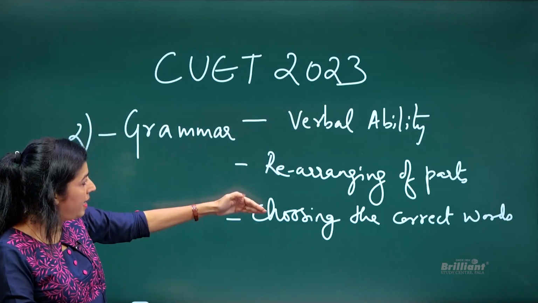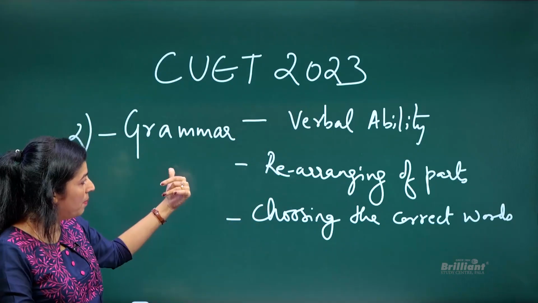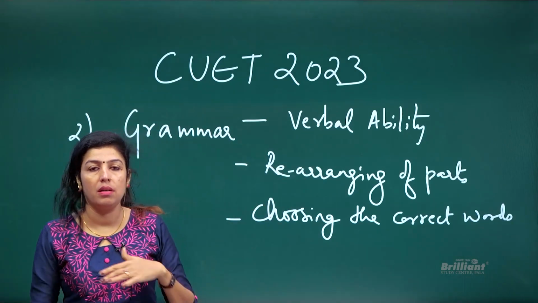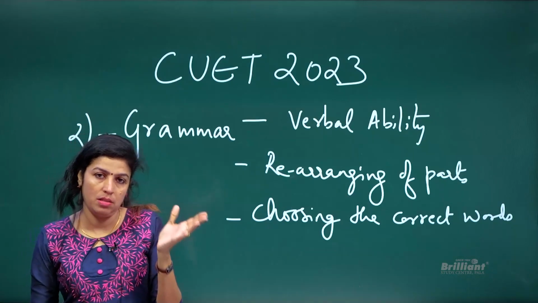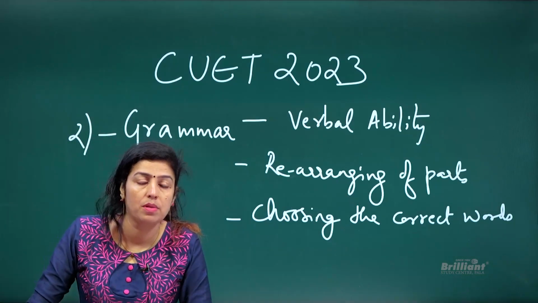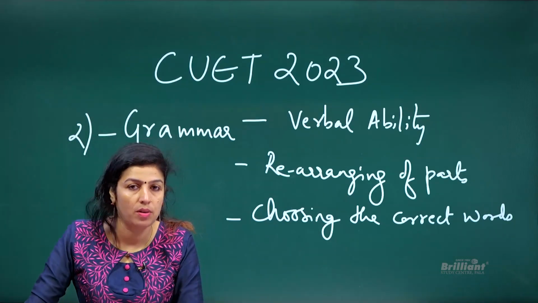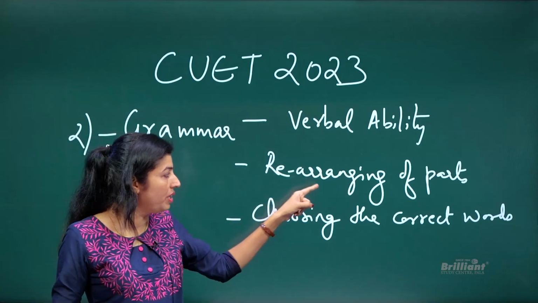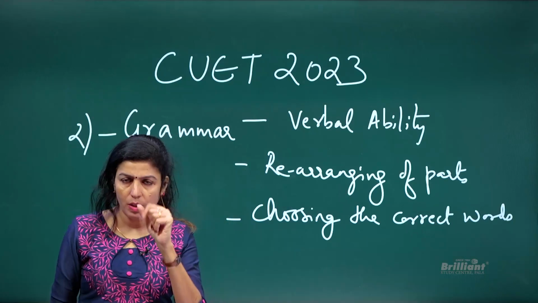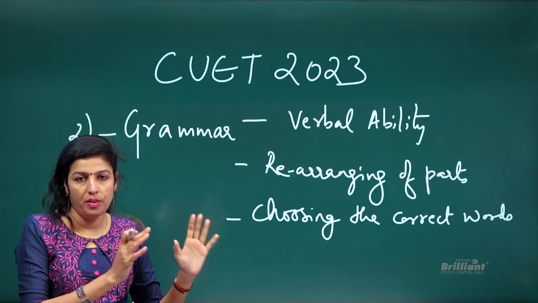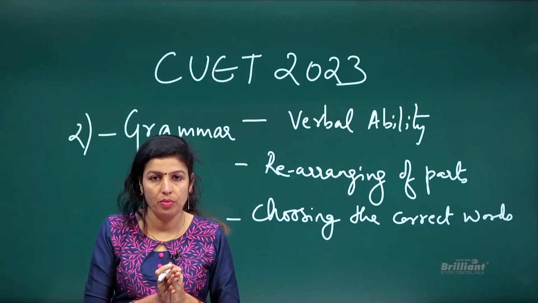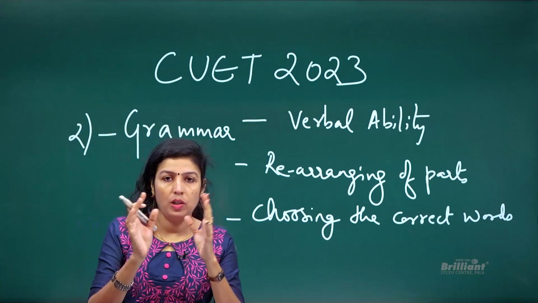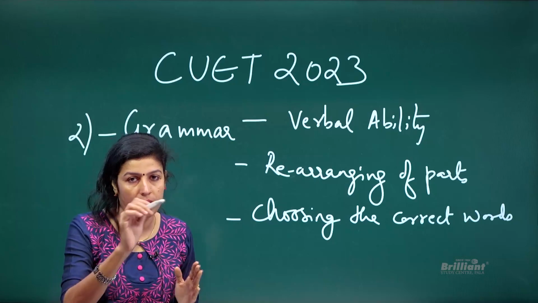Now the second item which comes under grammar, rearranging of parts. Since you have attended several model exams and mock tests for CUET, you might have done questions based on rearranging of parts. One example is, suppose one full sentence is given to you, and a part of the sentence has been underlined.